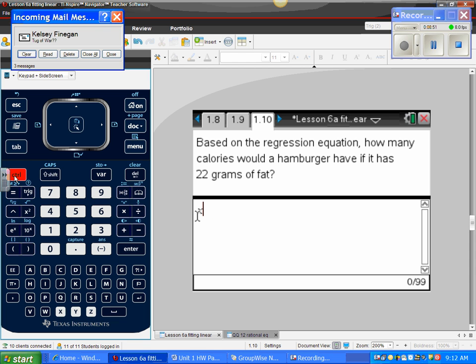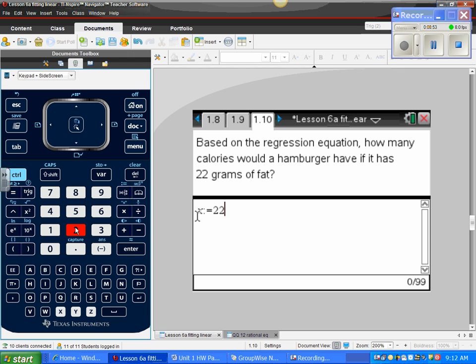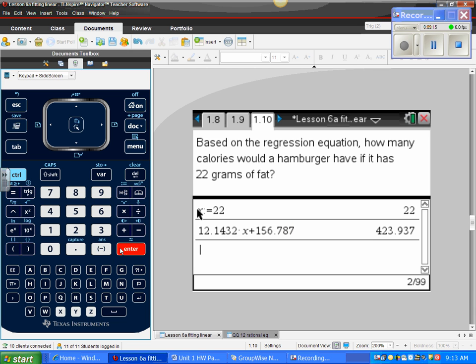X store 22. And then you're going to put in your equation: 12.1432 X plus 156.787 and enter. Okay, so approximately 424 calories.